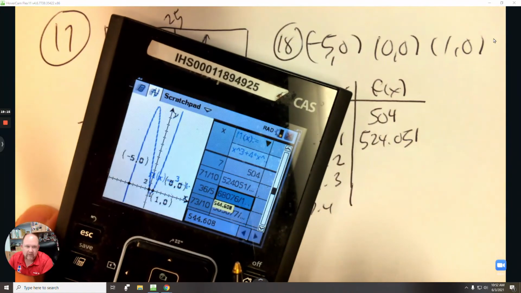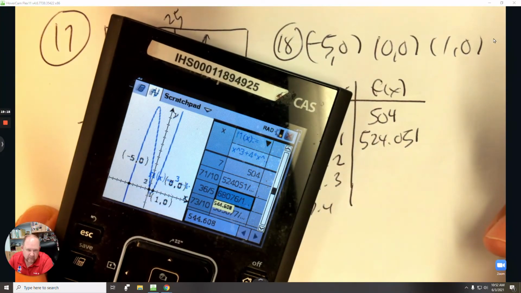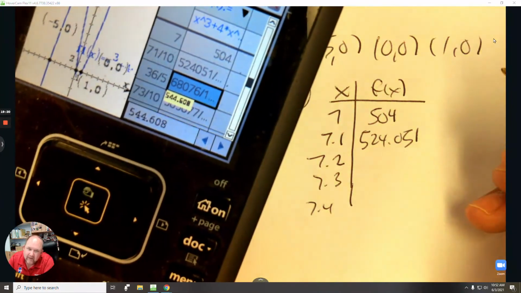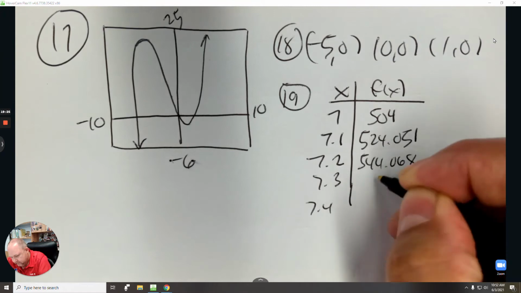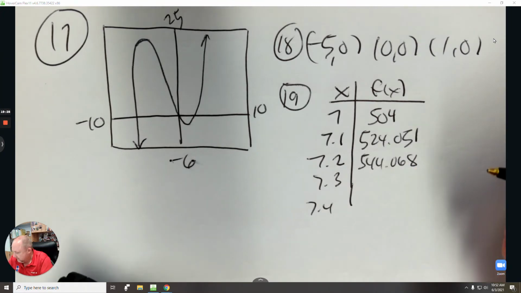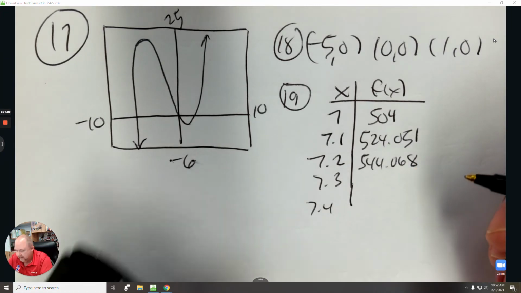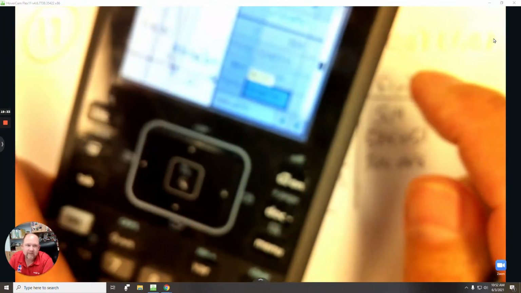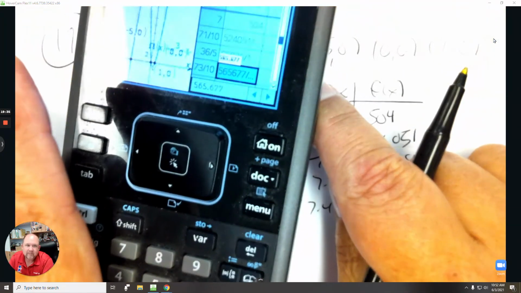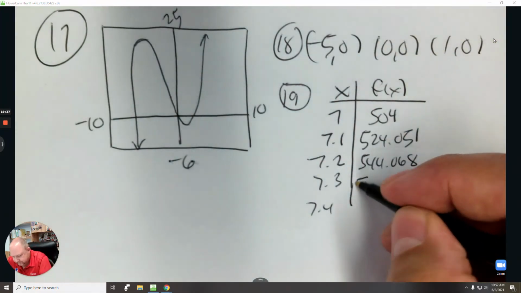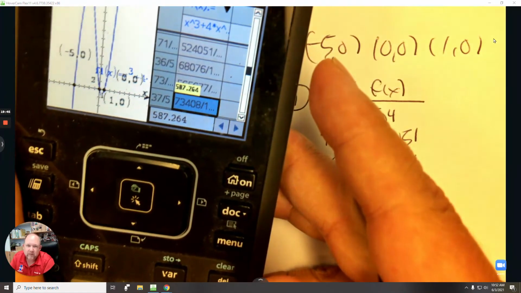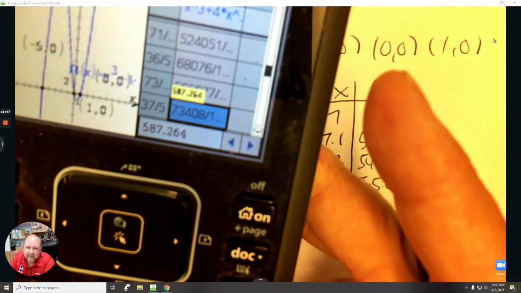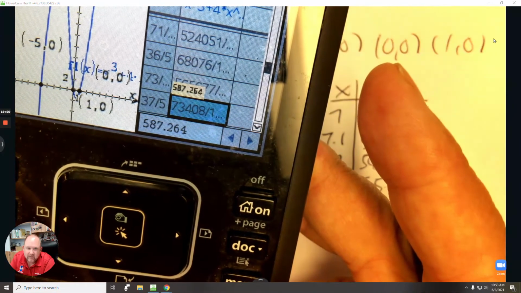The next one is 544.608. The next one is 565.667. And the last one off the table is 587.264.